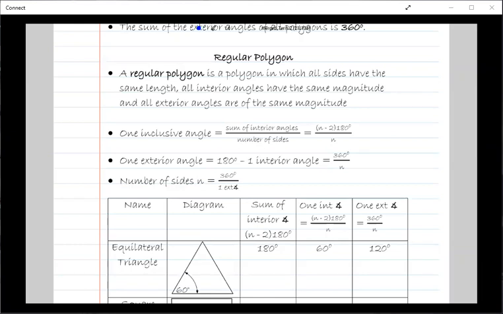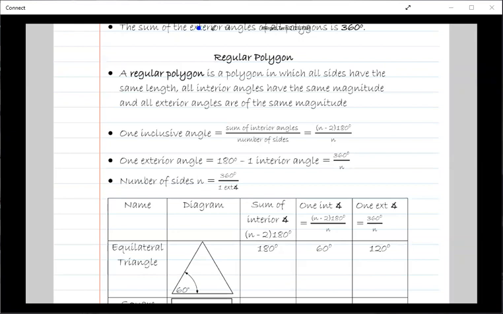All the sides are of the same length, and all the interior angles measure 60 degrees, and all the exterior angles measure 120 degrees. Now, a square is another example of a regular polygon. All the sides are of the same length, and all the interior angles measure 90 degrees.